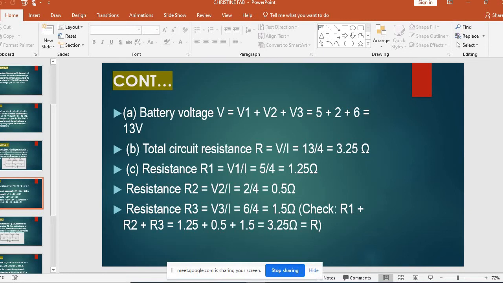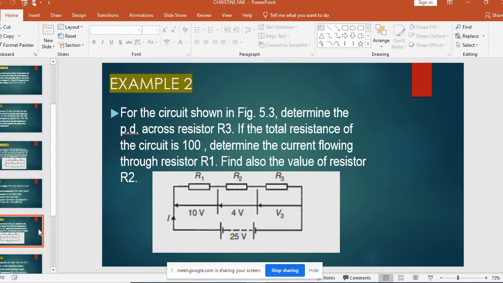Then finally we have resistance R3, which is as simple as we've done R1 and R2: V3 divided by current, and V3 is 6 divided by 4. Then we find our answer is 1.5 ohms. Hope you are okay and you are following.